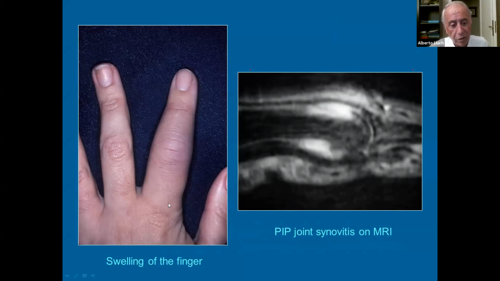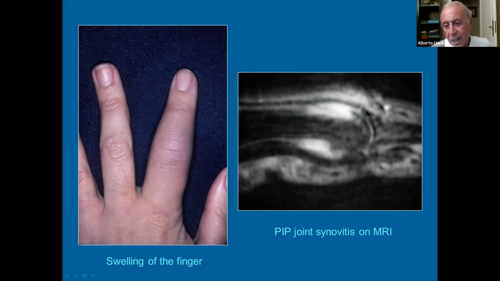You can see a swollen finger like this, and many people will say, well, this is a dactylitis. Yes, the finger is swollen, it's inflamed. But this is really the beginning of a synovitis of the PIP joint. Synovitis of the PIP joint first enlarges the dorsal capsule here and the volar capsule right here.